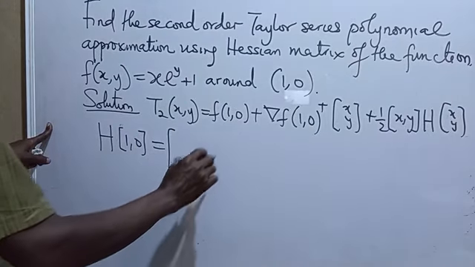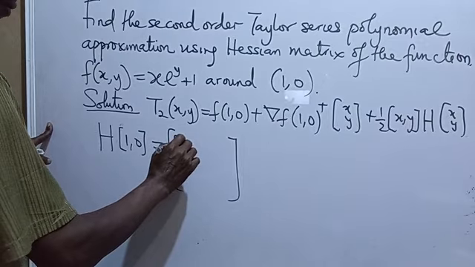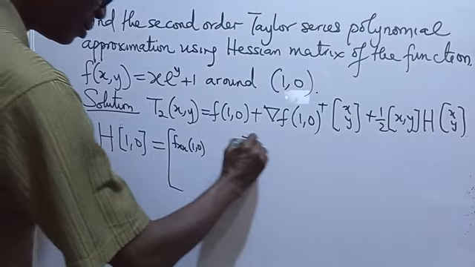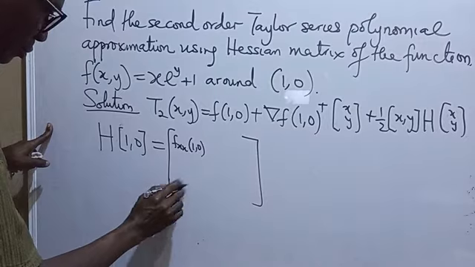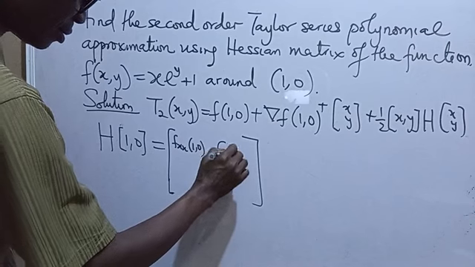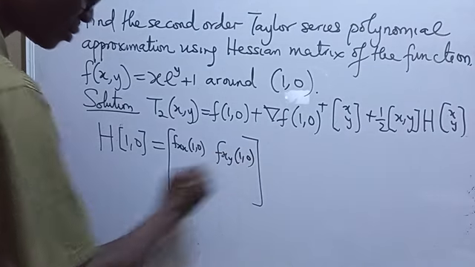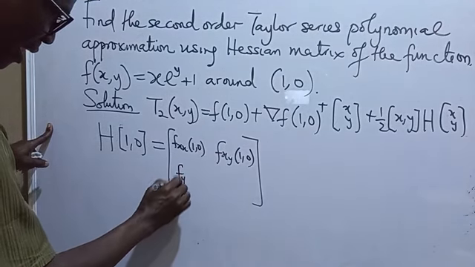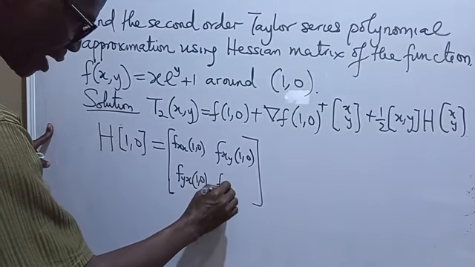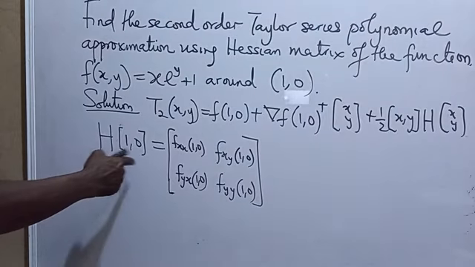This is the Hessian: fxx of 1 comma 0, fxy, that is the partial derivative of f with respect to x and y, 1 comma 0, then fyx 1 comma 0, then fyy 1 comma 0. Okay, so that is the Hessian matrix at 1 comma 0.